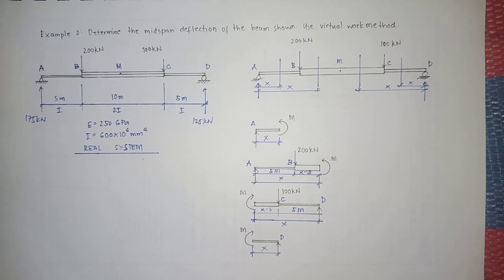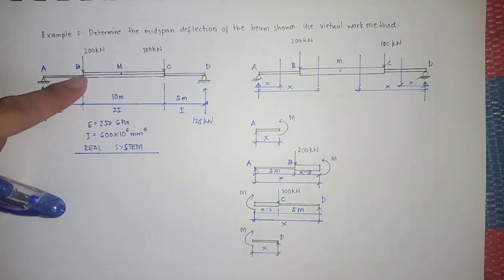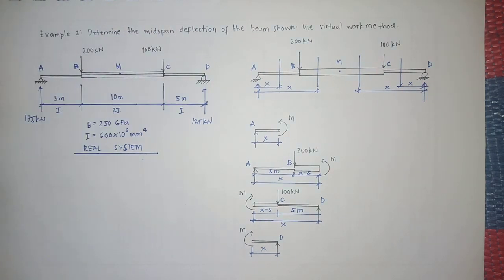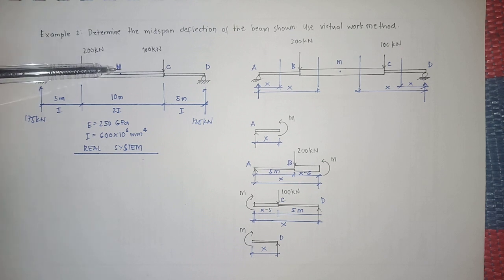So kung mapapansin natin, meron tayong tatlong segments actually. We have segment AB, BC, and CD. But since we are concerned dun sa midspan deflection, kailangan 4 na segment yung gagamitin natin. Kasi mamaya, pagdating sa virtual system, maglalagay tayo ng unit load 1 dito sa midspan.